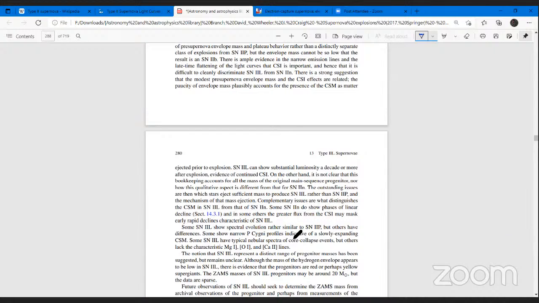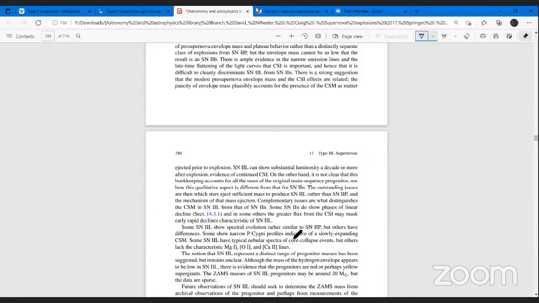Complementary issues are what distinguishes the circumstellar matter in type 2L from that of type 2N. Some supernova type 2N do show phases near decline, and in some others the greater flux from the circumstellar interaction may mask early rapid declines characteristic of type 2L.